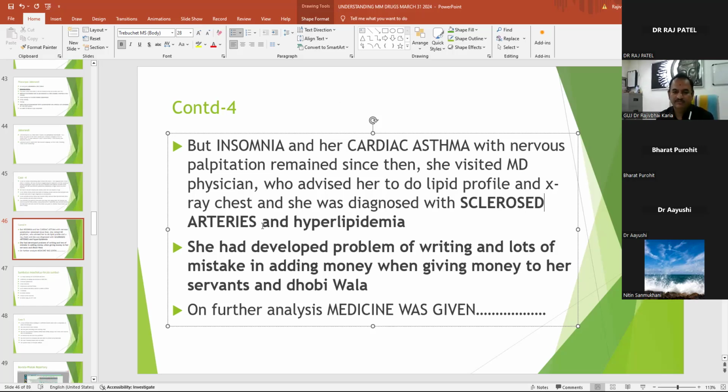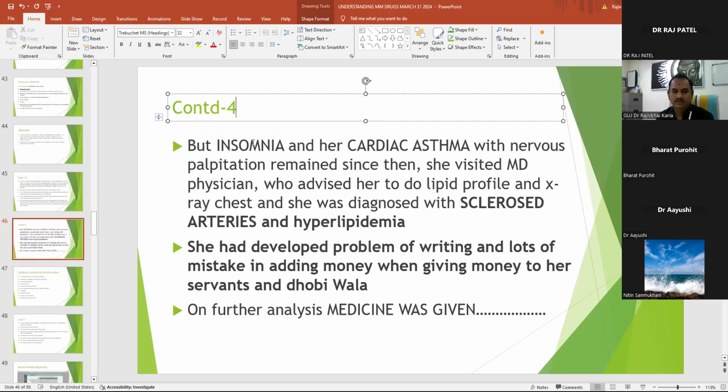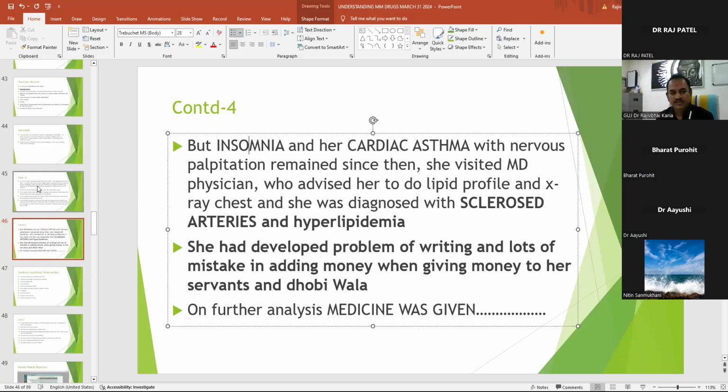Sclerosed arteries. Boericke, see Vanadium. Sclerosed artery. Last line given. Read. Open Boericke.